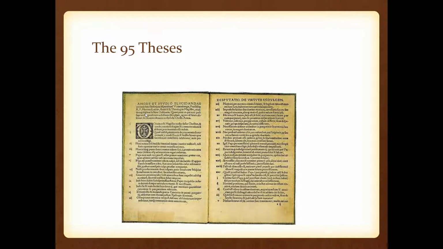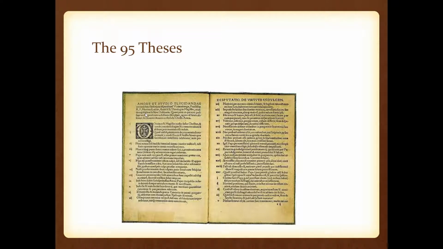It's basically a debate, 95 different points of debate that he has with the church, 95 different ideas that he says, we need to discuss these different issues. Most of them have to do with salvation by faith, the idea of too many sacraments, too many idols in churches, and the idea of opulence versus humility. And then also comes the idea of indulgences.